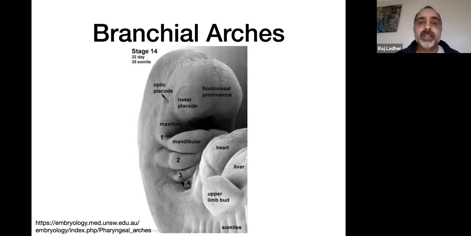So branchial arches are a very conserved feature of vertebrate development. The branchial arches are called alternatively pharyngeal arches as well, which gives us the phrase pharyngula as well. So the stage at which you can see pharyngeal arches or branchial arches is also called the pharyngula stage of the embryo.